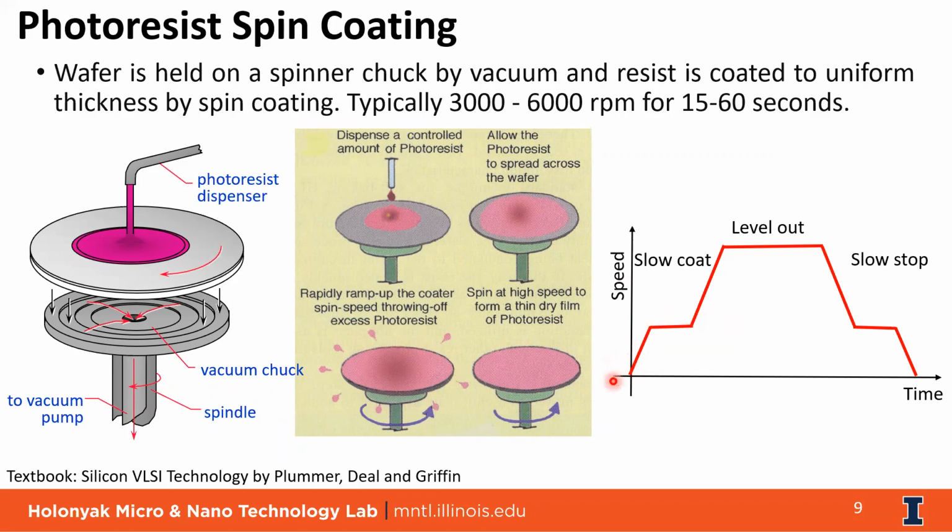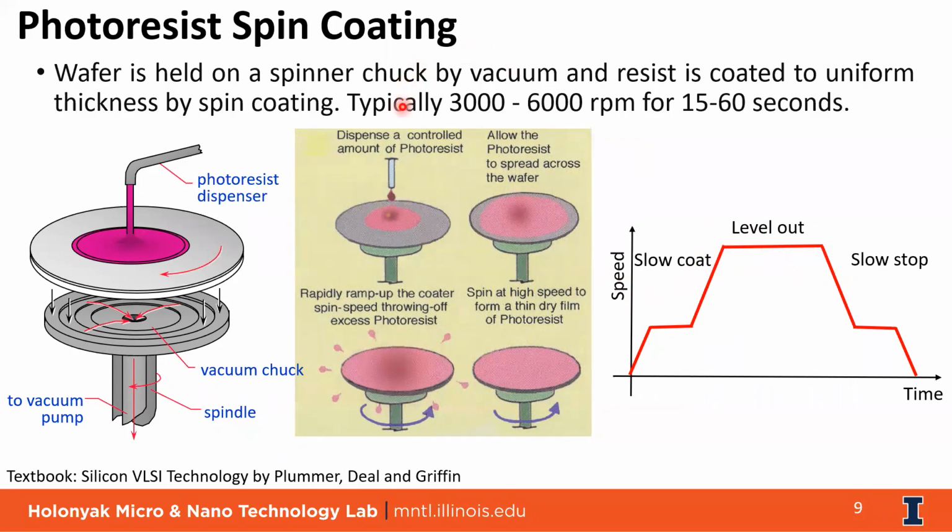At the first step, you start from 0 to the slow spin coat. It's slow, generally 500 to 1000 RPM. In this region, your photoresist spreads across the wafer very uniformly. Then you increase to your final RPM, which is the level-out step, where you get the desired thickness of the photoresist by controlling your RPM.